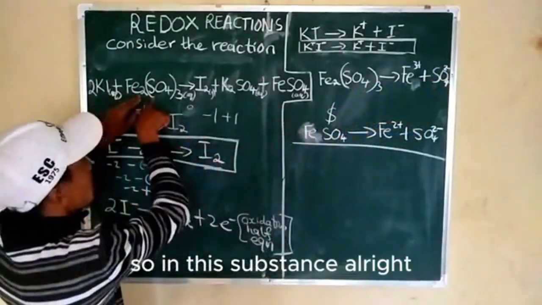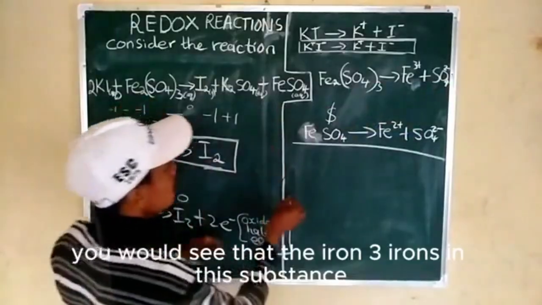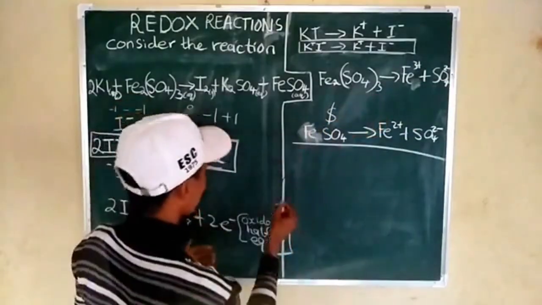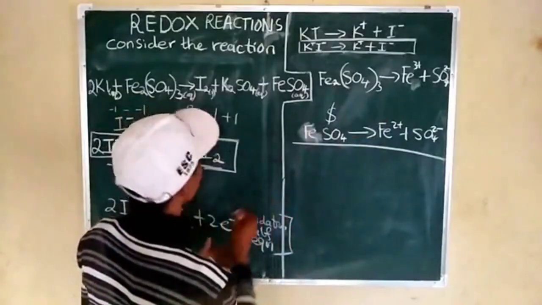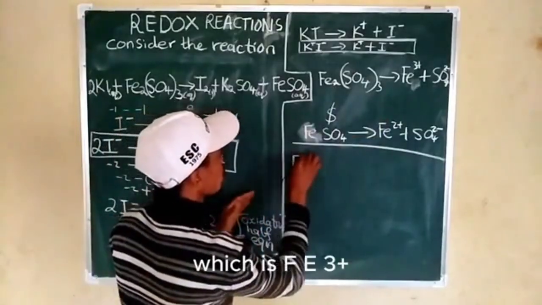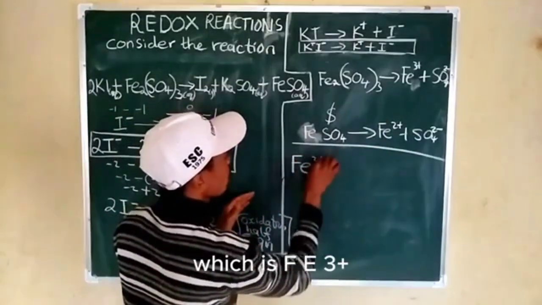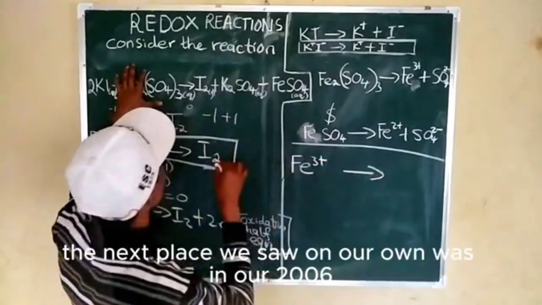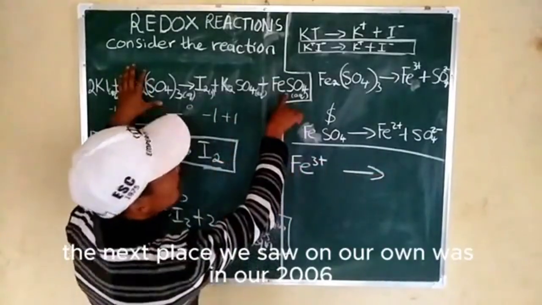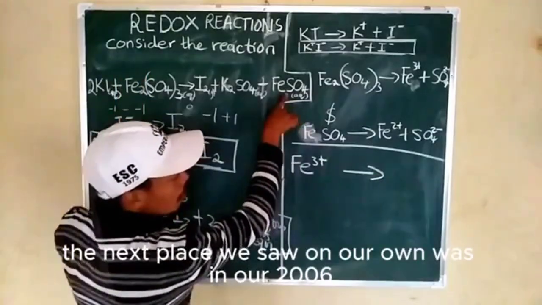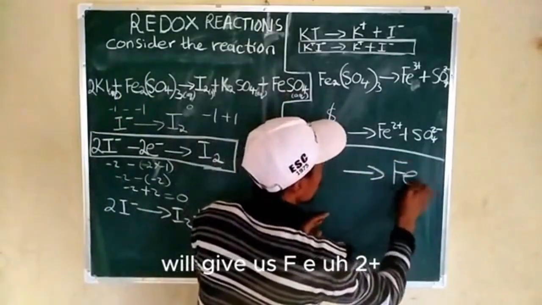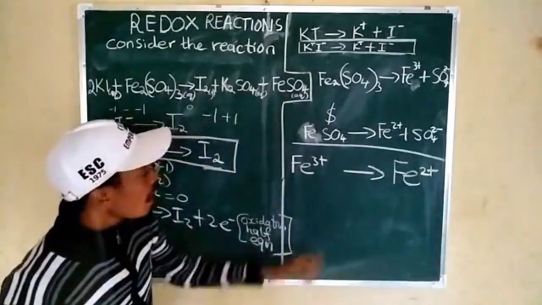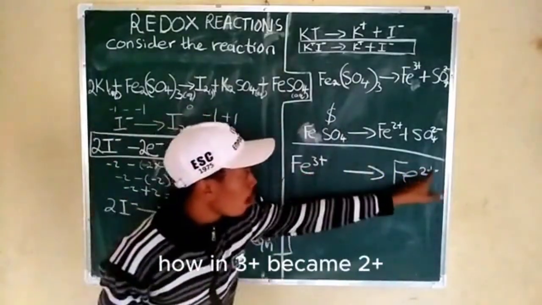So in this substance, you would see that the ions in this substance, which is Fe3 plus, the next place we saw an ion was in iron 2 sulfate, which will give us Fe2 plus. Having 3 plus became 2 plus.